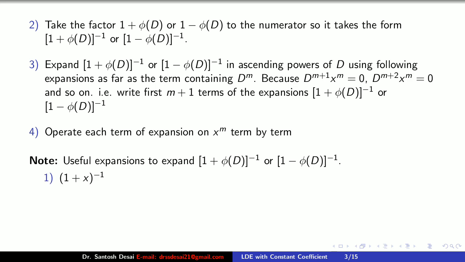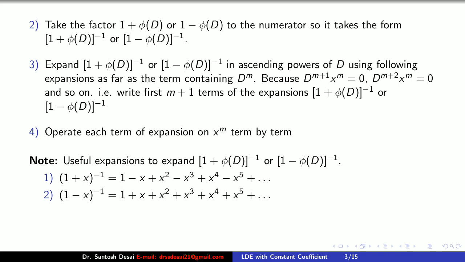So (1 plus x) raised to minus 1 is equal to 1 minus x plus x square minus x cube plus x raised to 4 minus x raised to 5 plus and so on. Similarly, (1 minus x) raised to minus 1 is equal to 1 plus x plus x square plus x cube plus x raised to 4 plus and so on. (1 plus x) raised to minus 2 is equal to 1 minus 2x plus 3x square minus 4x cube plus 5x raised to 4 minus and so on.